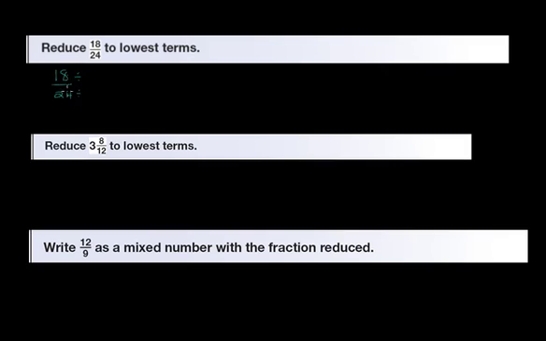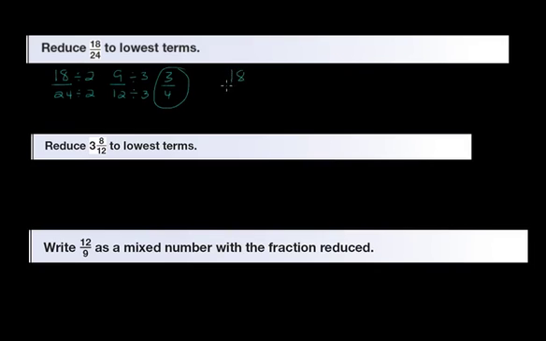We know both are even numbers, so let's divide them by 2. All right, so 9, 12. Now, what else could go into that? 3. 3/4. Okay, that's one way to do it, slowly.